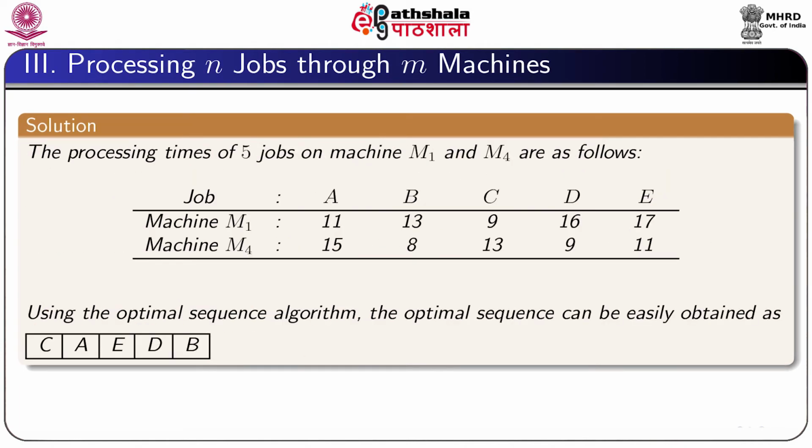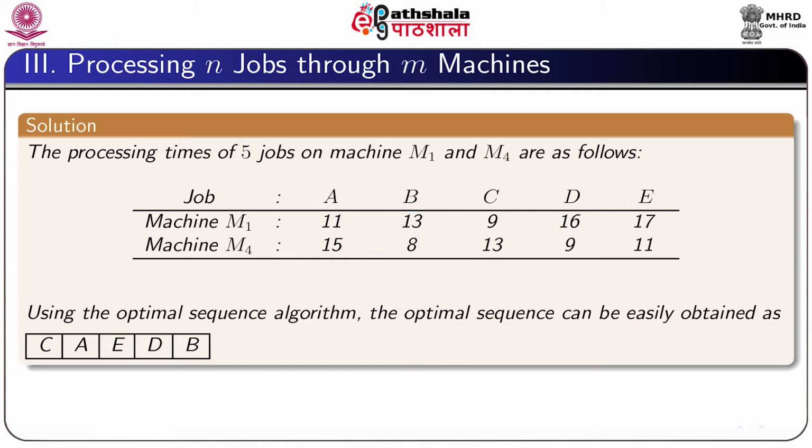The processing times of 5 jobs on machines M1 and M4 are as follows. Jobs A, B, C, D and E on machines M1 and M4 have the processing times already given.